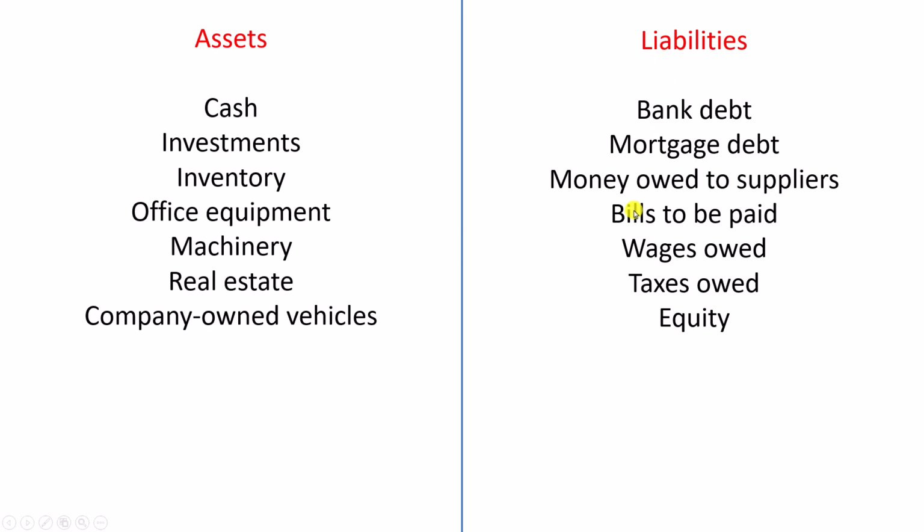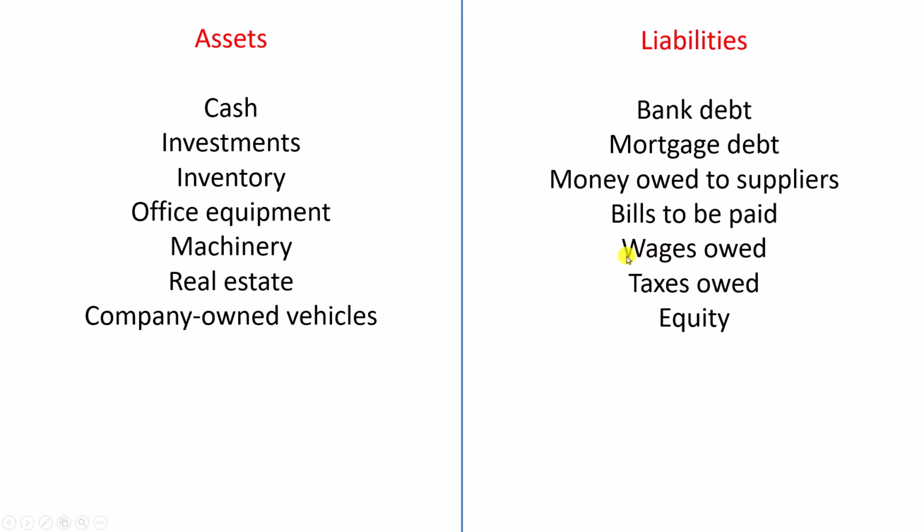Okay? Next we have bills to be paid. We have electricity bill, we have water bill, we have, let us say, garbage disposal bill. So all the bills that are to be paid come under the head of liabilities. Next, when we say a company, it would be having workers, and the workers should be paid their salaries or wages.